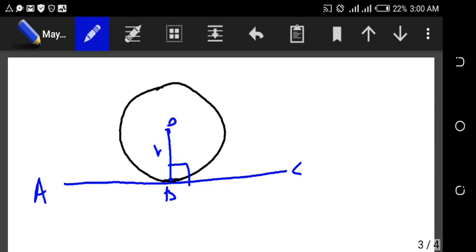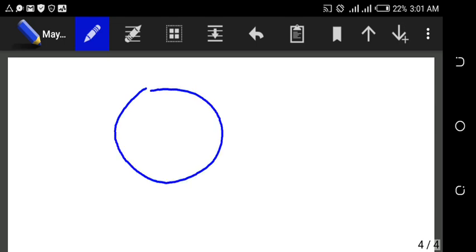So if we want to solve an example to illustrate this, let's solve an example. Let's say that we have a circle, and then we have a tangent, just like this, and this circle has a center at this point.